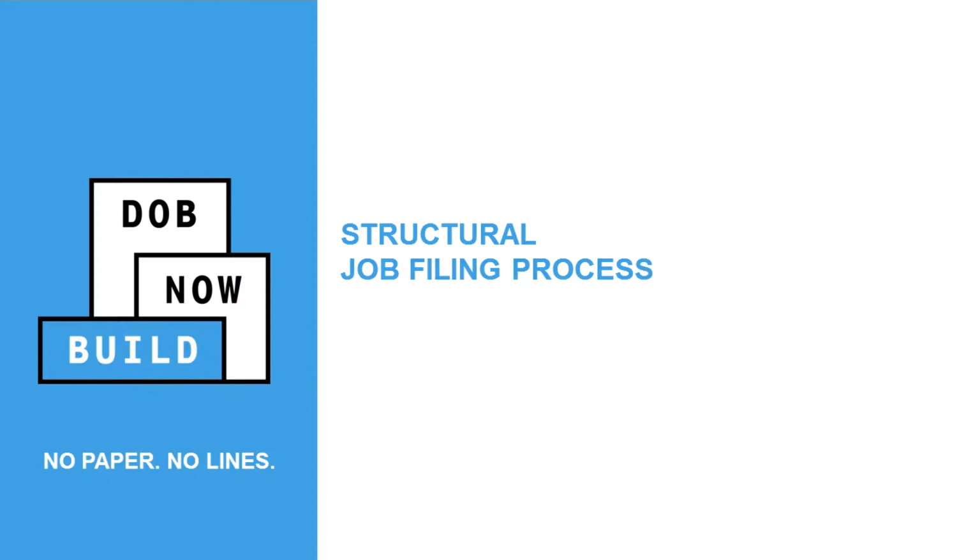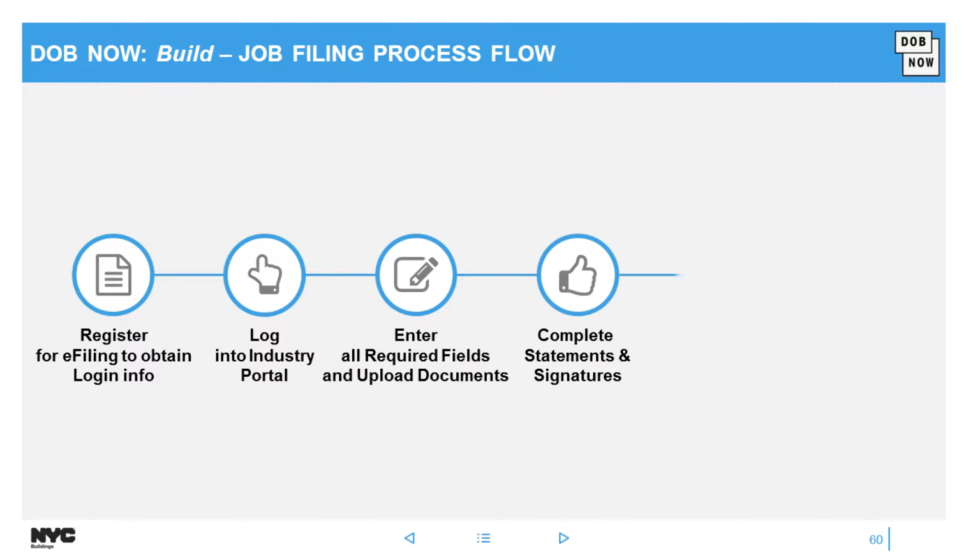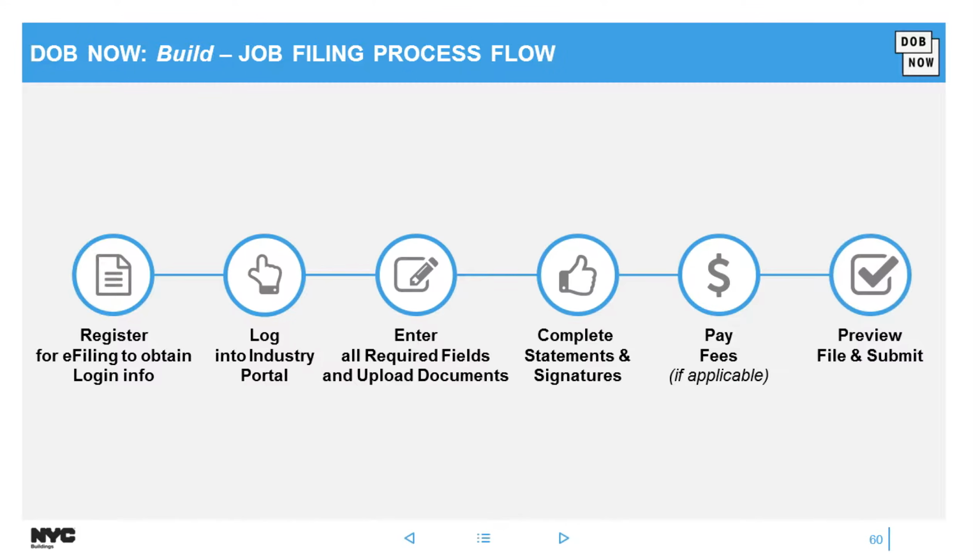So the job filing process, at a high level, this is exactly what you're going to see me do when I log in myself. I'm going to pretend that I've successfully registered for e-filing, log into the portal, complete all the tabs that I showed you, and everyone associated to the job filing will file. I'll play all those roles today. I won't show you how to pay.